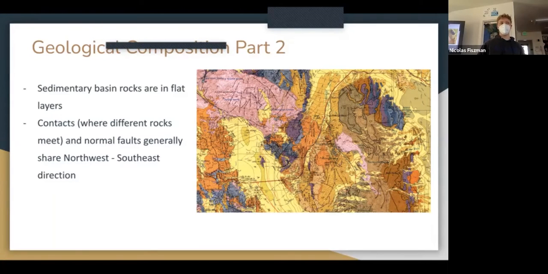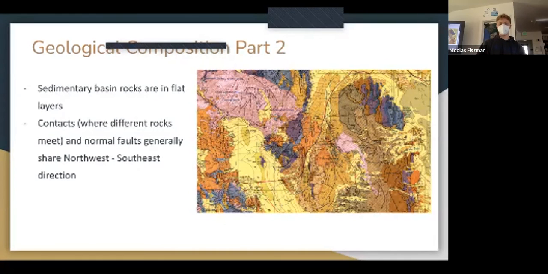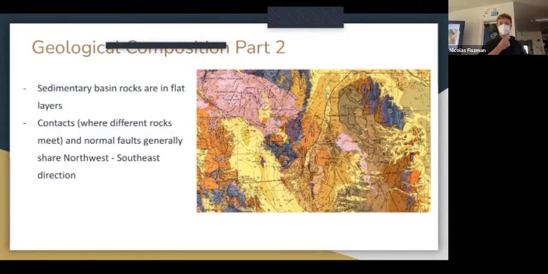And there's not really any organization in the ranges, because it's all jumbled, and the contacts where the rocks meet are neat and not super mixed up, and the faults that break up those blocks that I just talked about are generally in a northwest to southeast direction on a map.